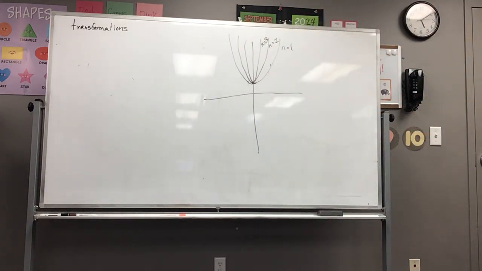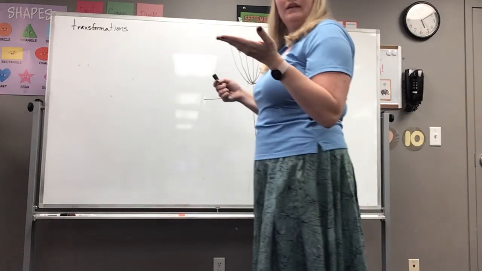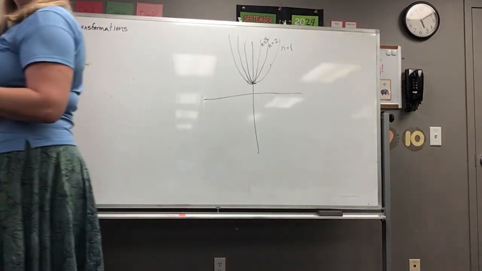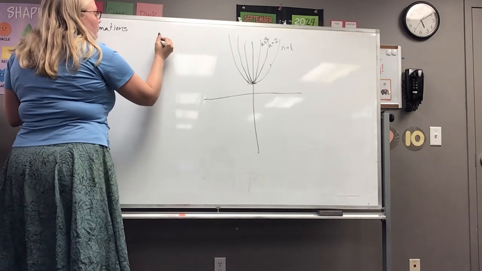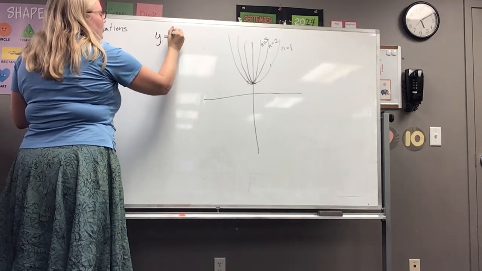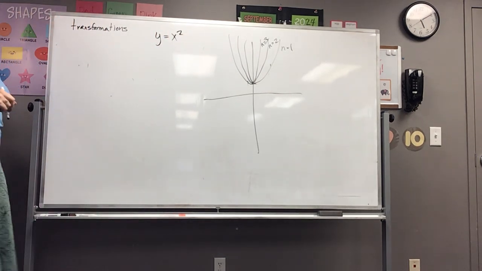So even without having the multiple choice options they give us, what's going on with this equation? Where would n be in our function notation or our equation? In front of the x squared. And so this parent function, or the standard one, looks like this.